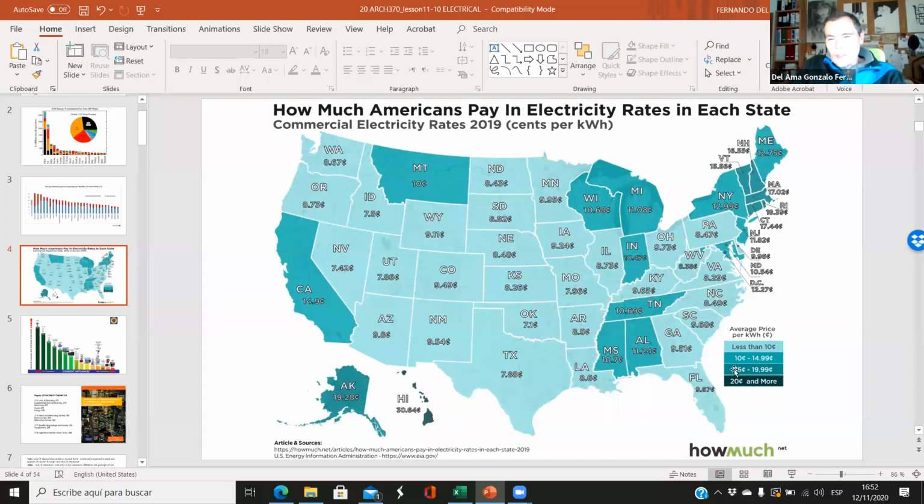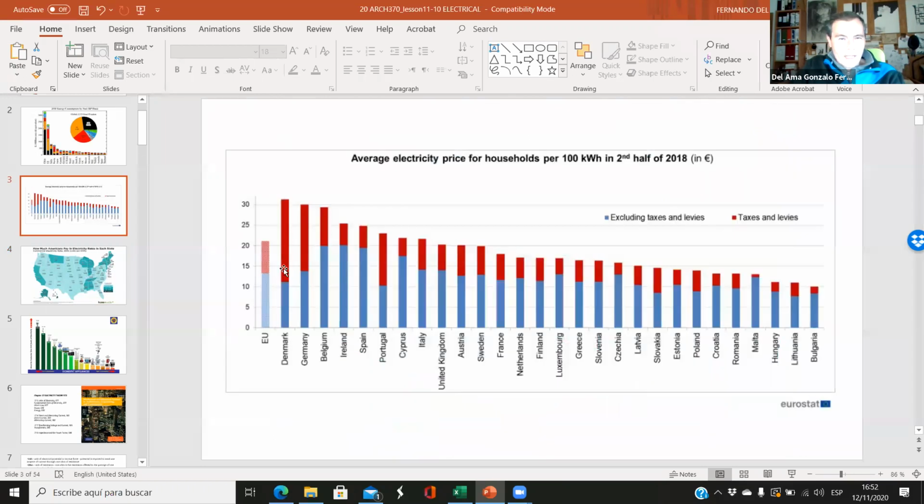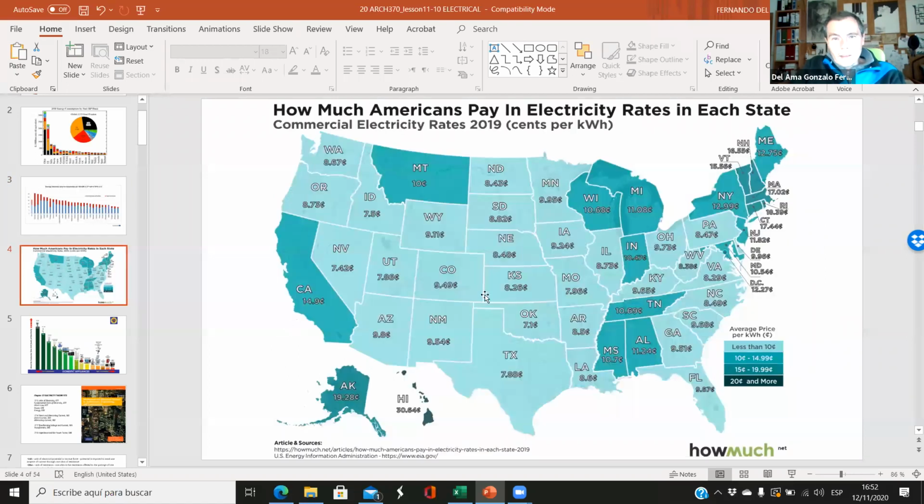We agreed that electricity here in the United States is quite cheap. It's cheaper than in countries like Denmark or Germany, where they pay a lot of taxes. They are happy. But I think the average is like 10 cents. Well, let's do this in New Hampshire. In New Hampshire, it's 16.5 cents per kilowatt hour.